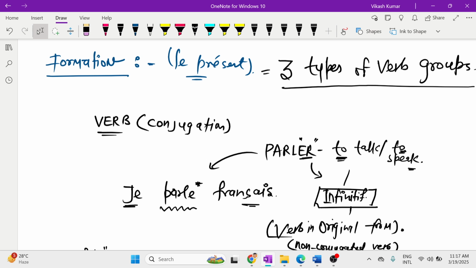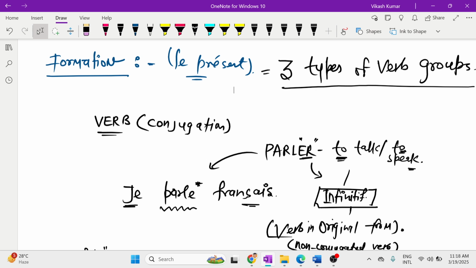And their conjugation endings are also the same, like for je it's e, for tu it's es, for il it's e. So two things are common for each group: the infinitive ending and the conjugation ending. Especially for the first group and second group.